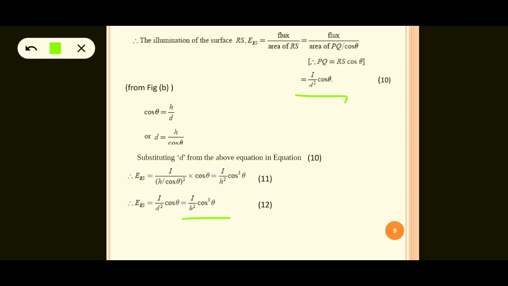Here the illumination of the surface RS becomes I by d square cos theta. In terms of h, it becomes I by h square cos cube theta, because cos theta is equal to h by d.